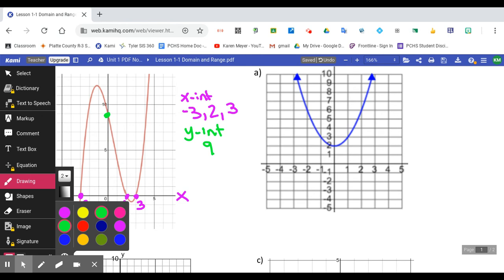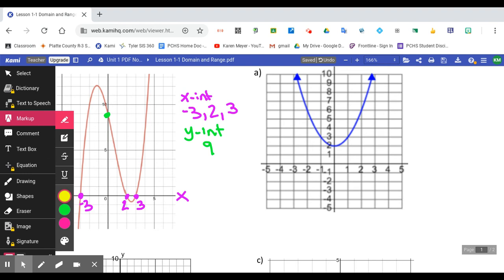So let's get into the majority of this lesson, which is going to be talking about domain and range and how to tell if something's a function. So remember, domain is x numbers. So what I would do is I would take my pencil and I would put it on the very edge of my graph, and then I would move it in until I hit my graph.